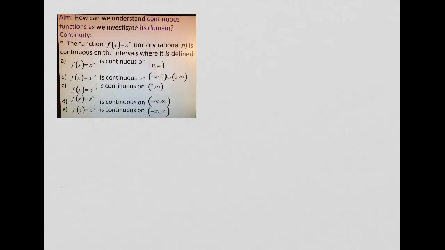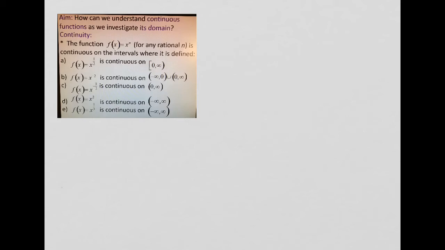Okay, so there was some additional information for you just now, and we also have this kind of summary. I believe it is in your textbook as well, but in any case, it says the function f of x equals x to the nth power for any rational n is continuous on the interval where it's defined.